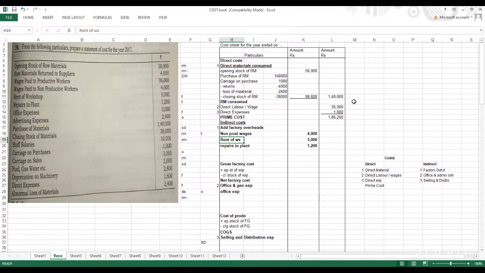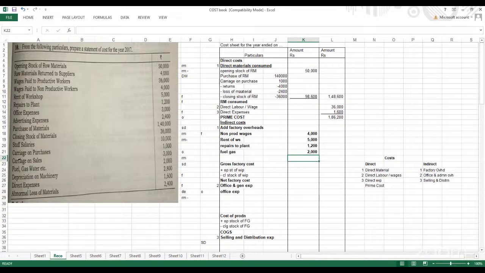Repairs to plant 1,200. Then next factory expenses, fuel and gas. Fuel and gas amount is 2,000.